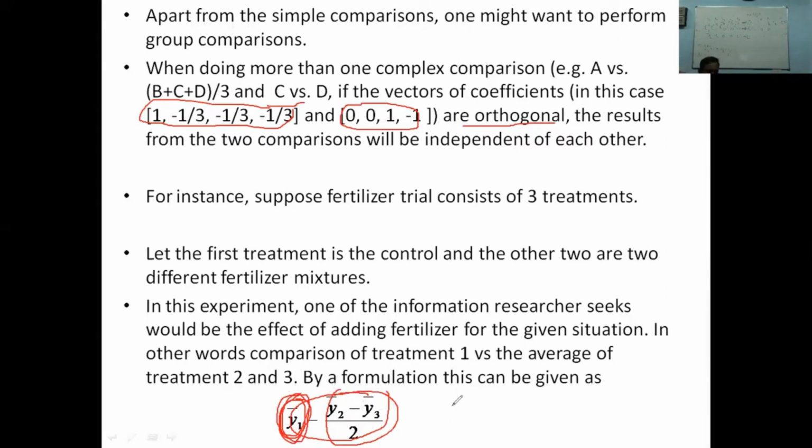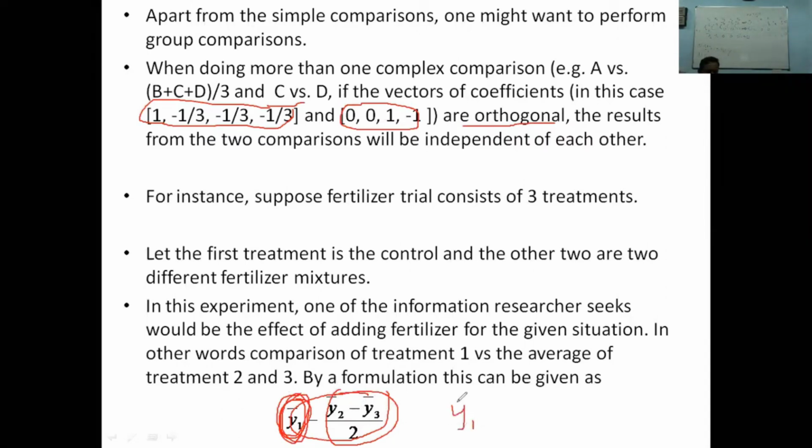So this is actually y1 bar minus (y2 bar plus y3 bar) divided by 2. If you take the bracket out, this becomes minus. That is how it becomes minus. We will move to the other slide.